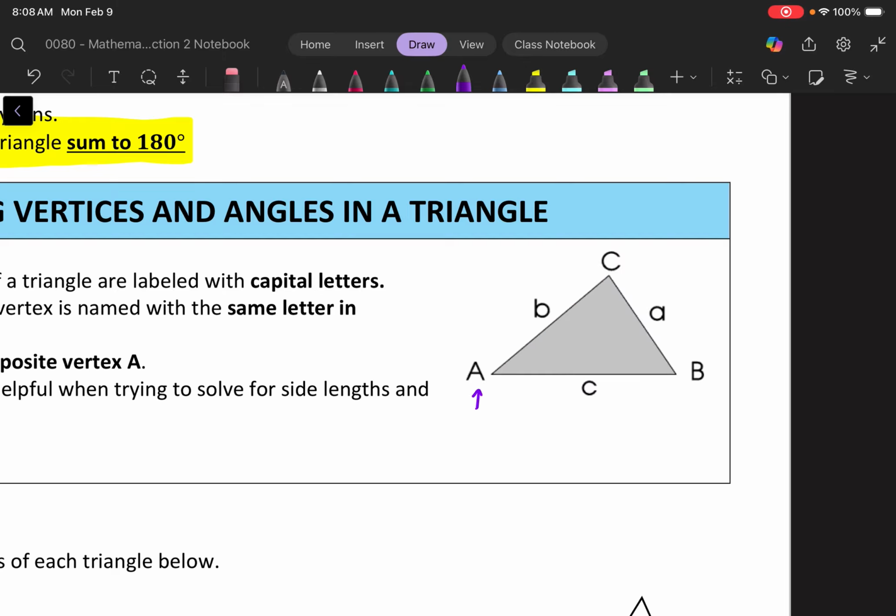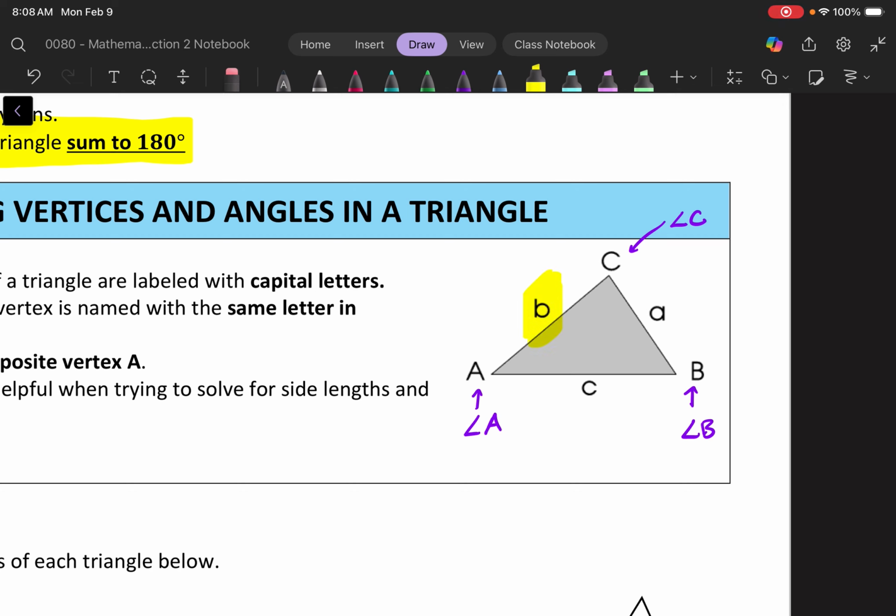So this guy here is angle A, and this guy here is angle C, and this guy here is angle B. Remember, the capital letter alone refers to the point. So if we're talking about an angle, we need to make sure we have that angle symbol next to it.